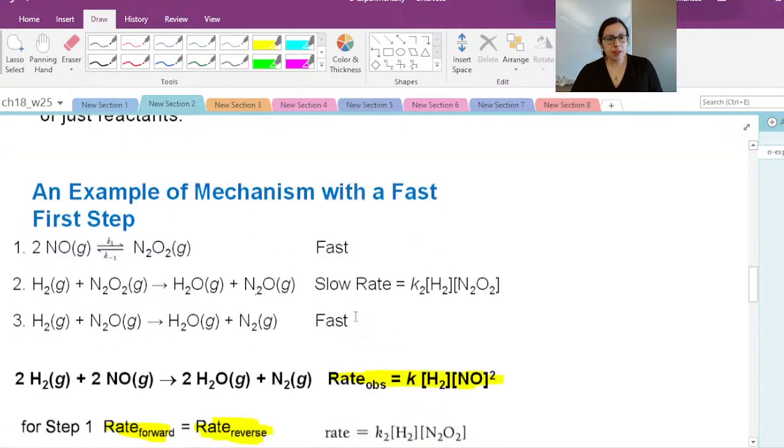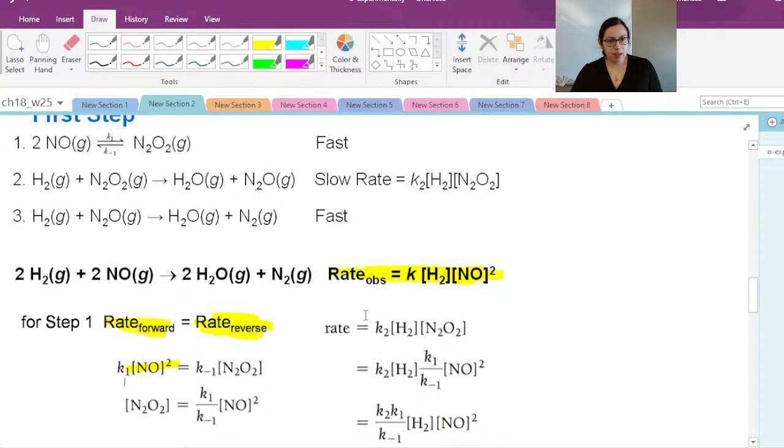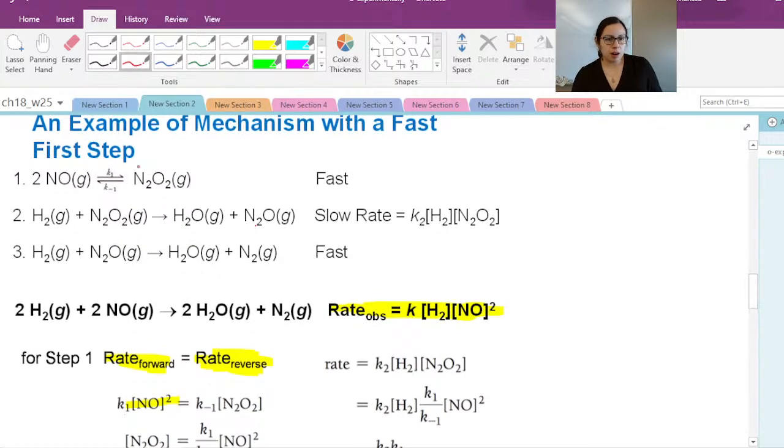And notice what we're trying to do here. We have our dinitrogen dioxide here. This is our intermediate. So we can't just use the intermediate in our rate law expression.